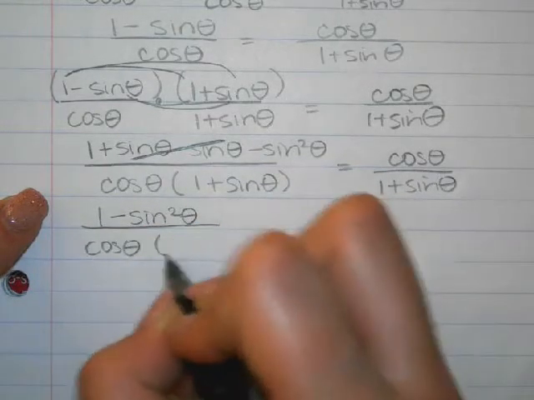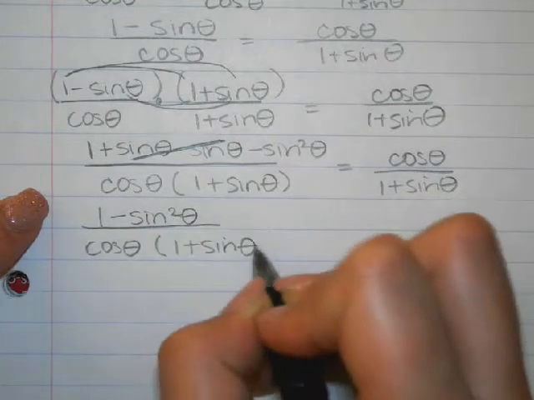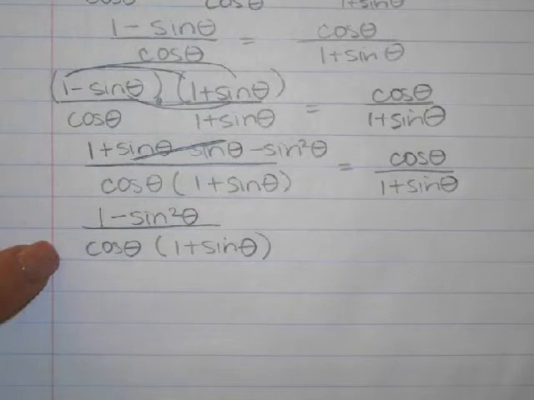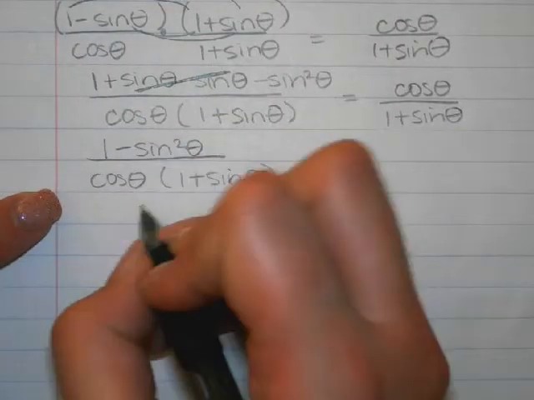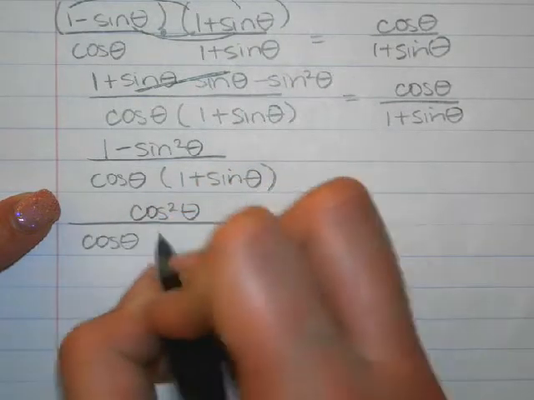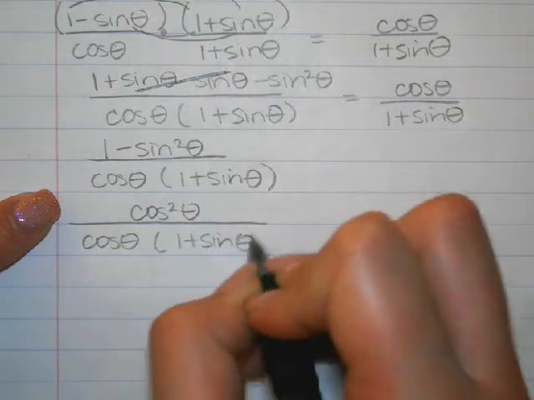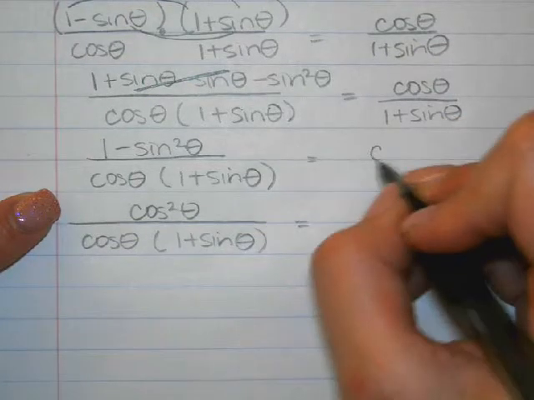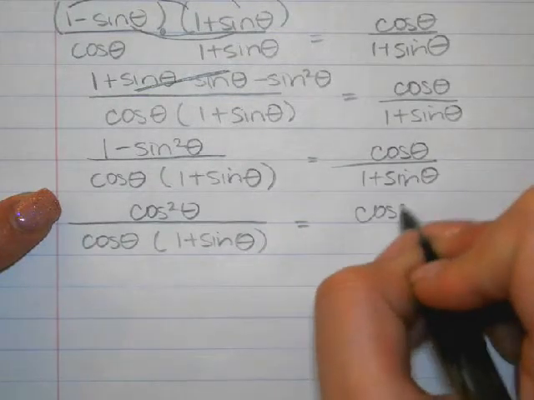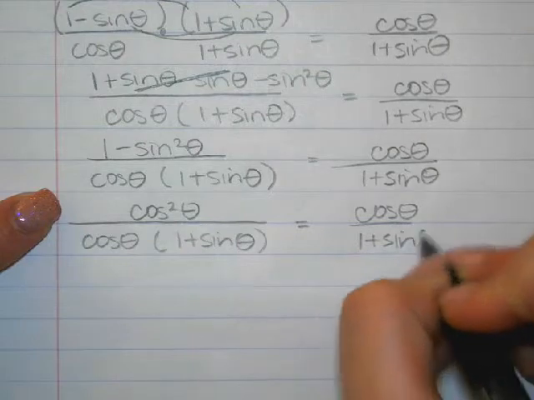And what do we always seem to do with 1 minus sine squareds? Yeah, we make them cosine squareds.